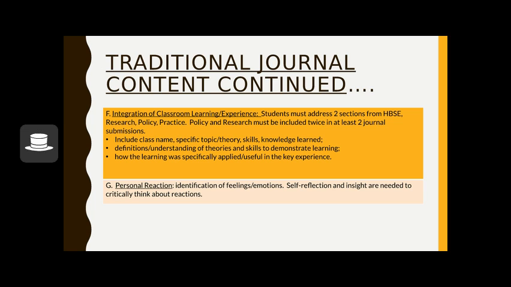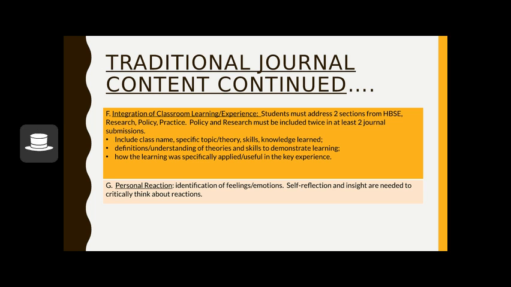So the student is asked, under each of these 4 sections, HBSE, research, policy, and practice, that they take some kind of learning. They put the class name, the specific topic or theory that they learned, the skills or the knowledge that they learned.